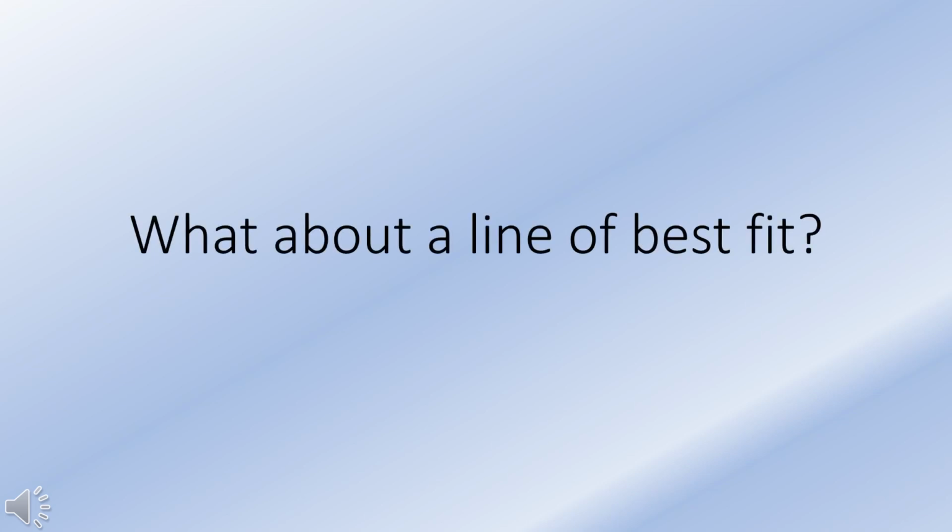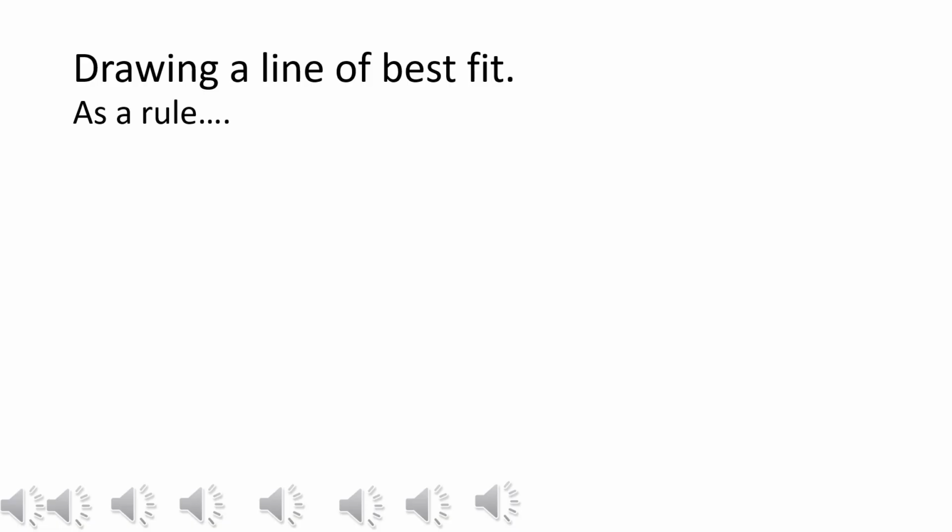Often, you'll be asked to plot a line of best fit through your data. Drawing a line of best fit has a few basic rules. This is not a dot-to-dot exercise, so don't do it.